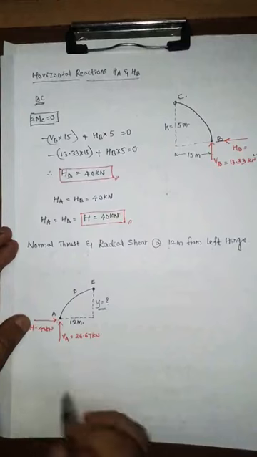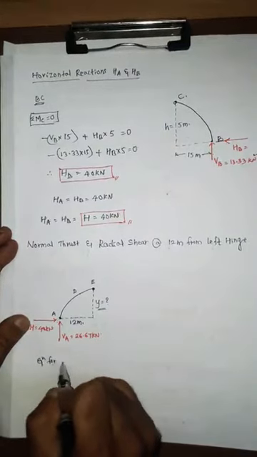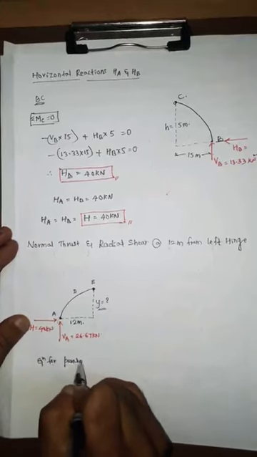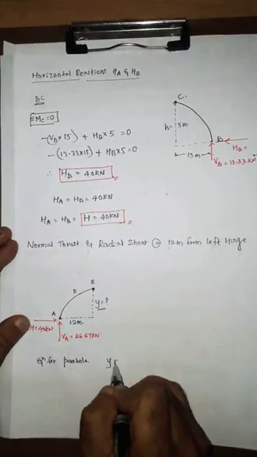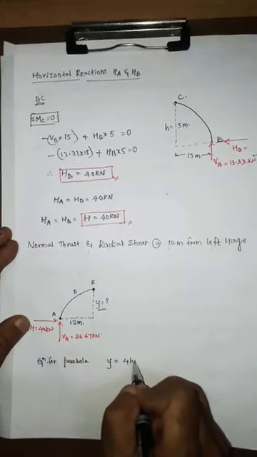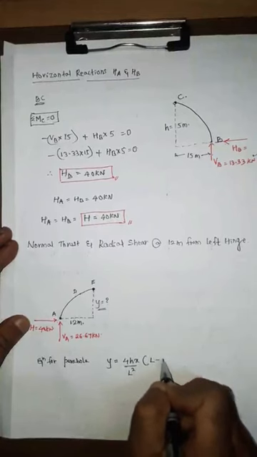As you already know, the equation of a parabola, for any vertical ordinate y on the arch, is y is equal to 4hx divided by L square into L minus x.